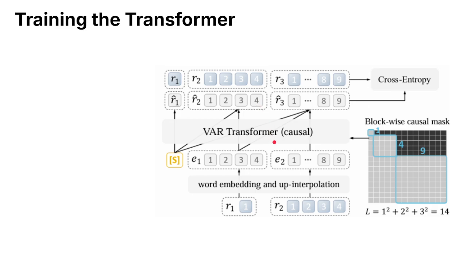And also an important thing to notice here is that this block and this block, when we try to create the attention map, we would want to mask out these parts because we don't want E1 to know what E2 is, which is basically a simple causal mask, which is also very common in standard transformer training when we have to predict, we don't want to look into the future, right?